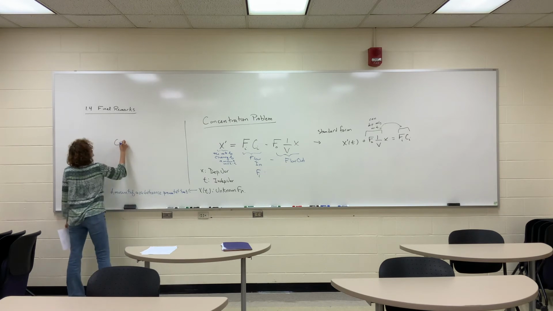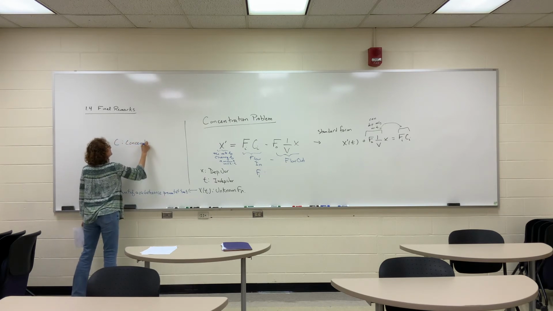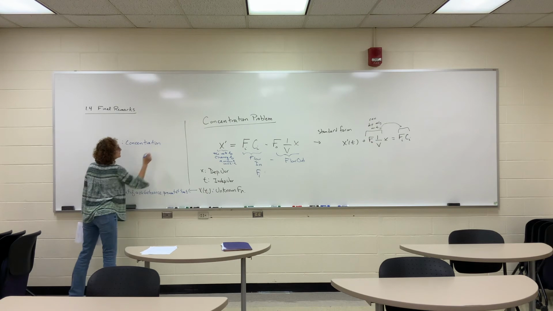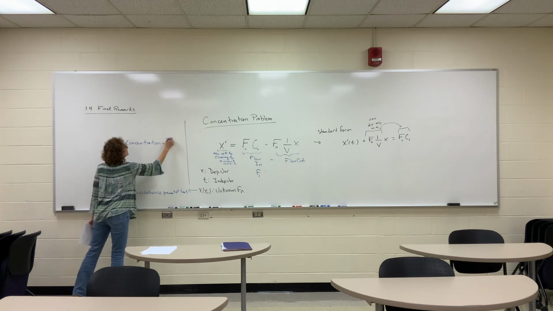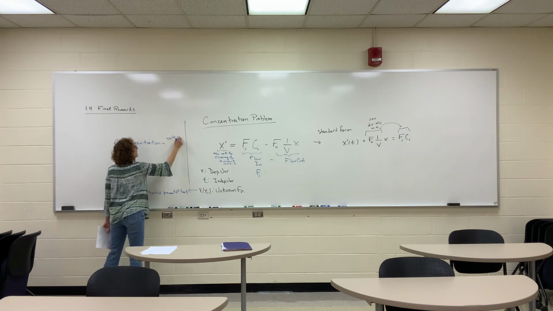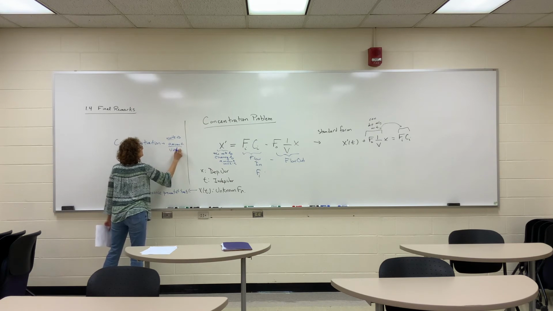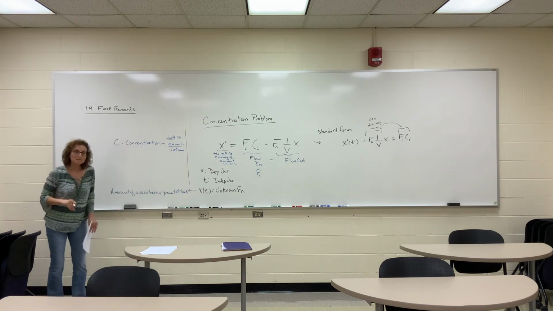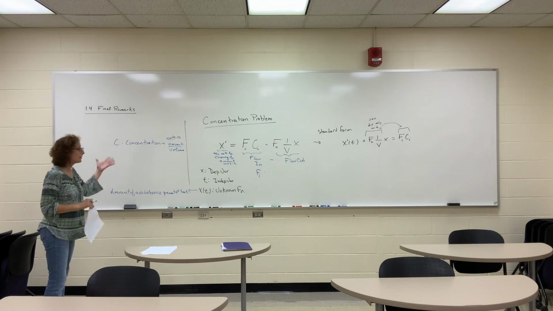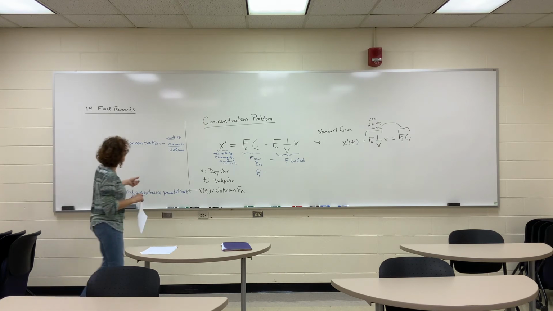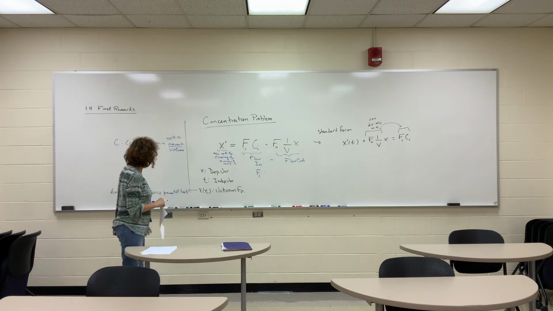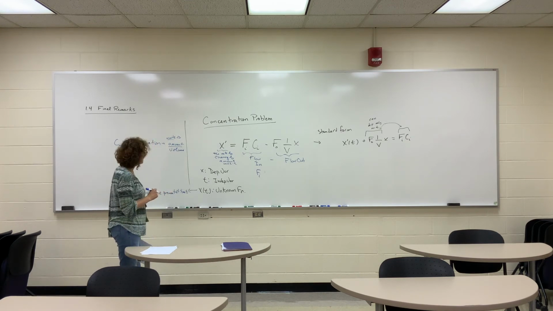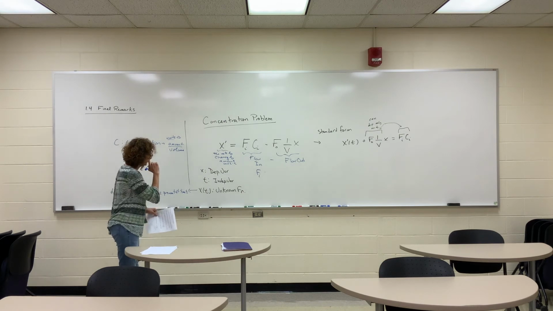C is concentration. Okay, so concentration has units of amount per volume, right? Okay, if you think about that, amount per volume, the concentration of something. How much is there based on how much 3D space is there, right? Okay, so concentration has units of amount per volume, right?